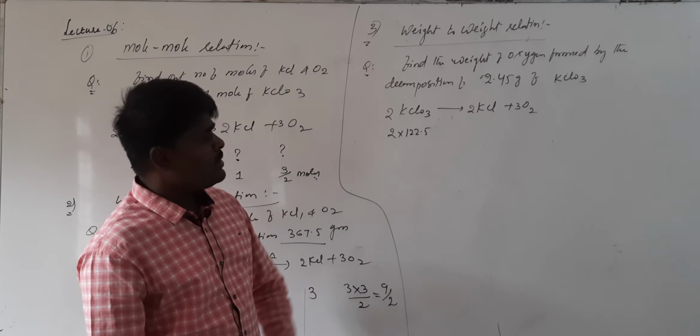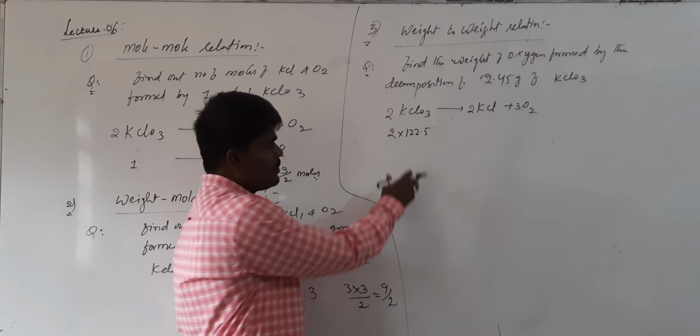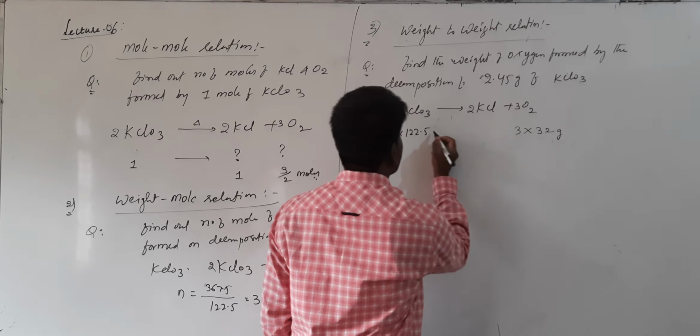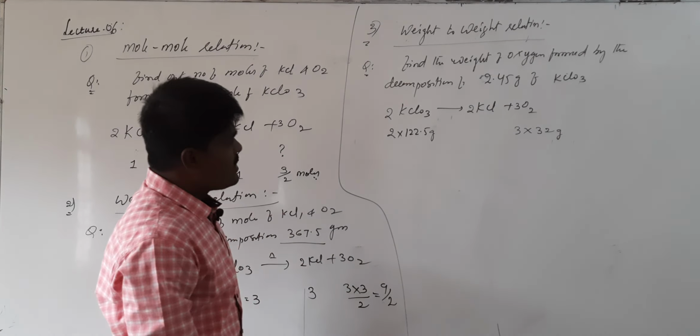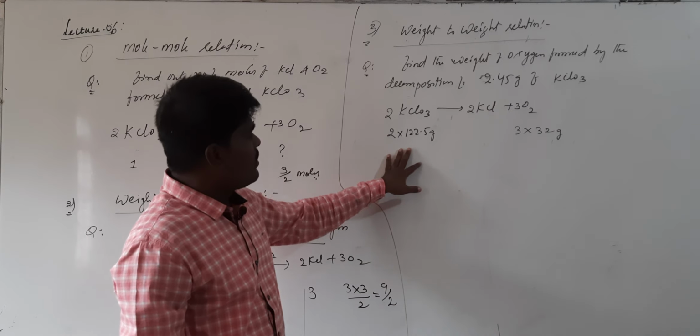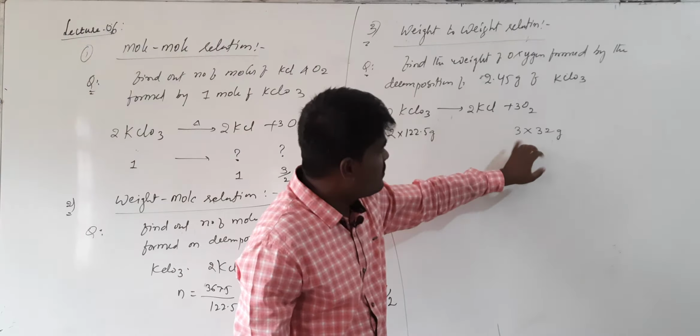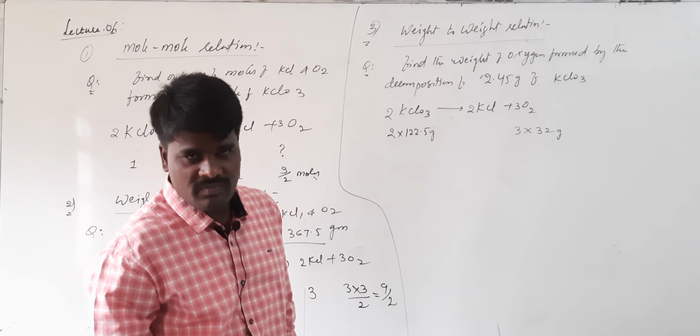If 2 into 122.5 grams of potassium chlorate undergoes decomposition, how many grams of oxygen will be obtained? 3 into 32 grams. Are you getting it? Basically, 245 grams of potassium chlorate will give 96 grams of oxygen.